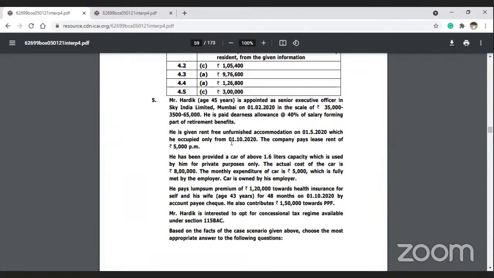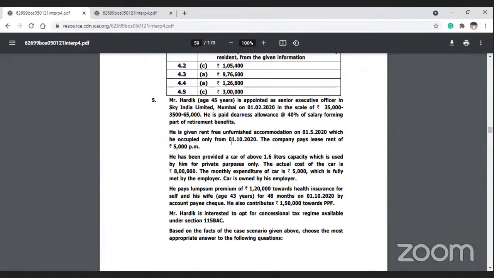You're talking about DA? What is accommodation? So what is your basic salary? 38,500. I got 4,27,000, and 40%. I got 4,69,000. 35,000 for 10 months. No, 35,000 plus 3,500.